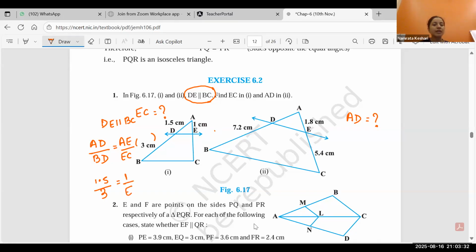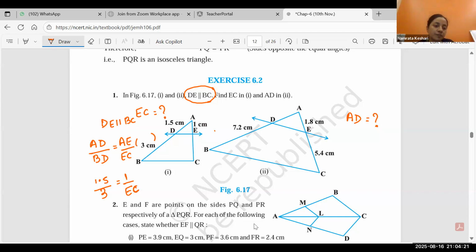From here we have to find EC. Is it making sense? Please find EC from here. EC equals 2 centimeters.